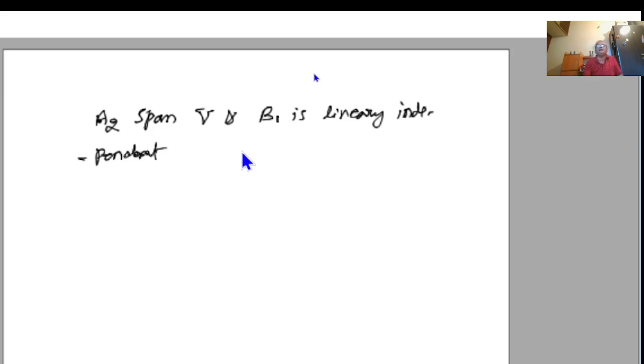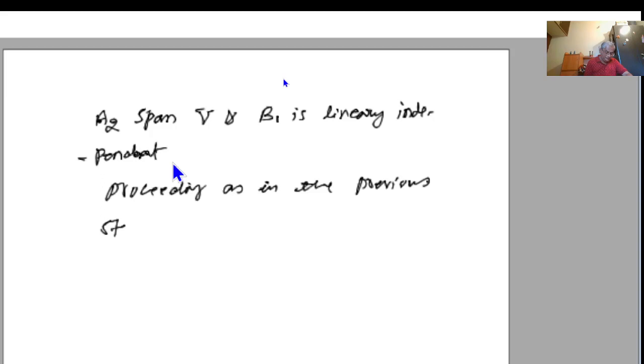So A2 spans V and B1 is linearly independent. Proceeding as in the previous step, include beta 2 and remove, say, alpha i.